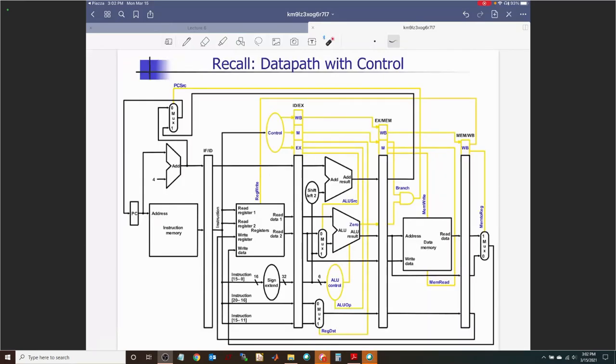Now let's take a look at where we are actually making that decision. Suppose this is the data path that we have been discussing so far, with all the control signals highlighted in blue and yellow. Now over here, let's see where the branch condition is evaluated. If you are working on a branch when equal instruction, where is the condition evaluated? Anyone?